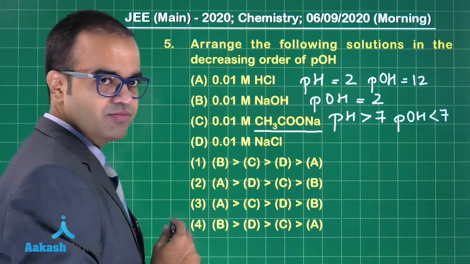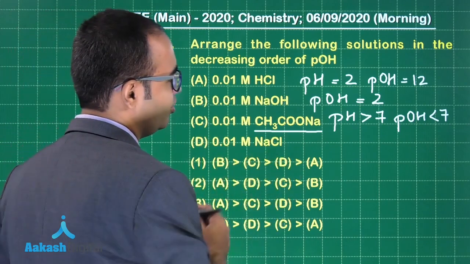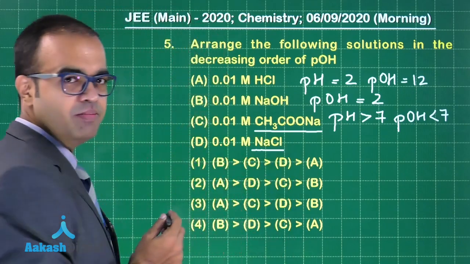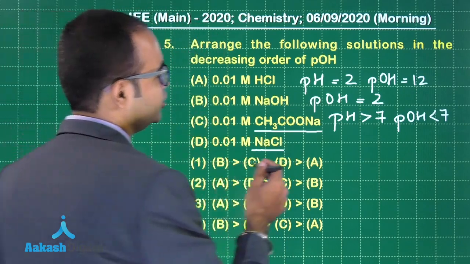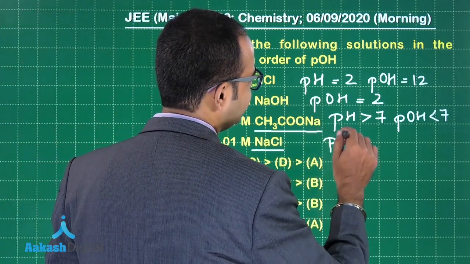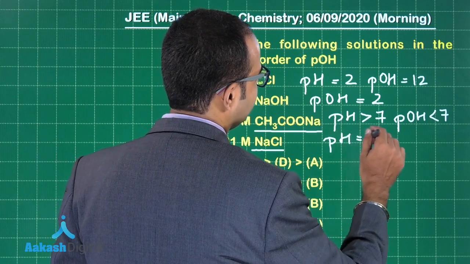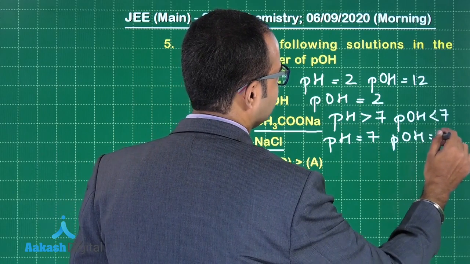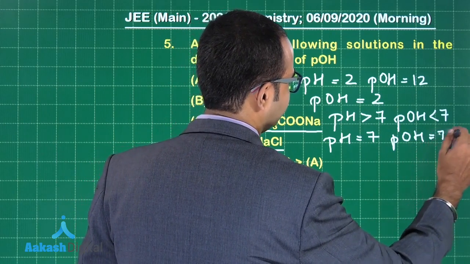Fourth solution, 0.01 molar NaCl. It is a salt of strong acid and strong base, guys. So pH is 7, and pOH is also 7.